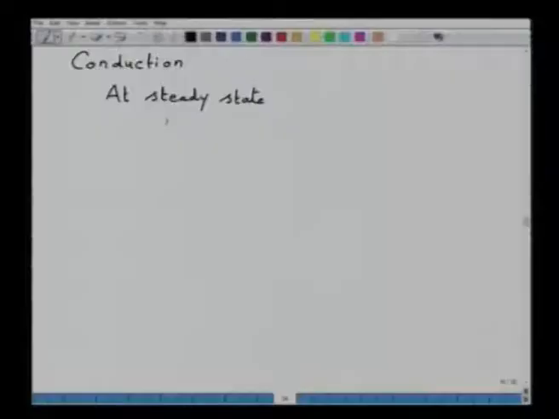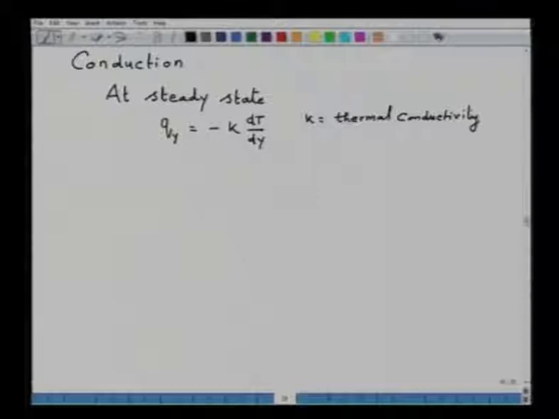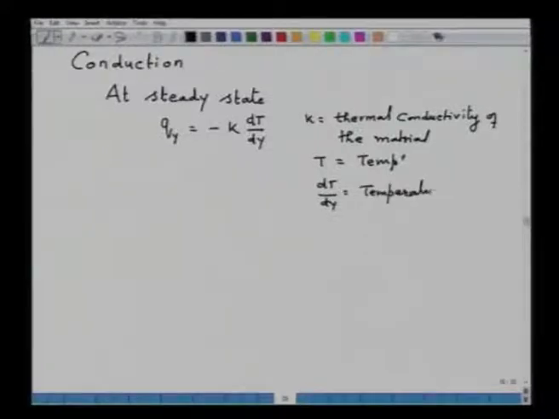So, at steady state, for example, if you consider the y direction, then heat flux Qy is equal to minus k into dT upon dy, where k is the thermal conductivity of the material, and T is the temperature, and in fact dT upon dy is the temperature gradient, and Qy is the heat flux.